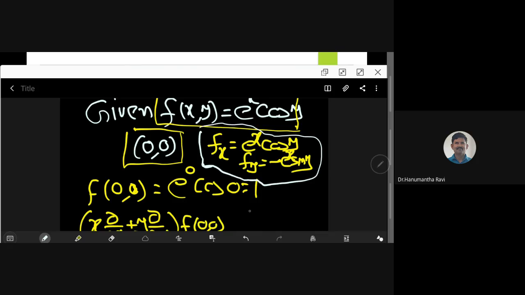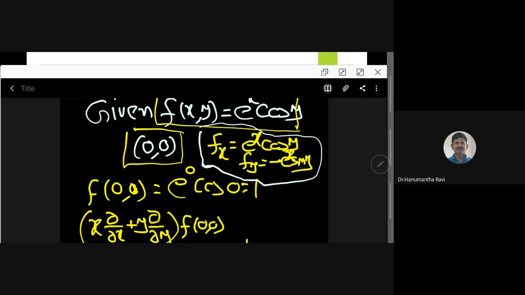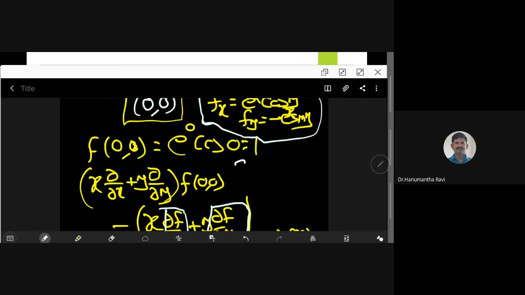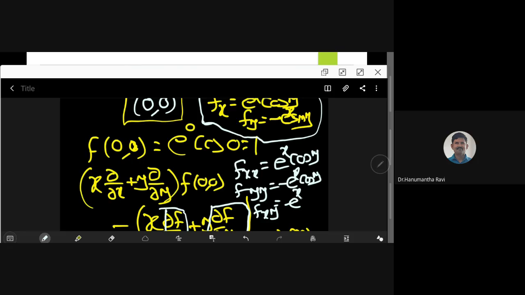Now we need to calculate: what is f_xx? Again e^x cos y, no change here. What is f_yy? Minus e^x cos y now. What is f_xy? f_xy is minus e^x sin y. Okay, that is the one.